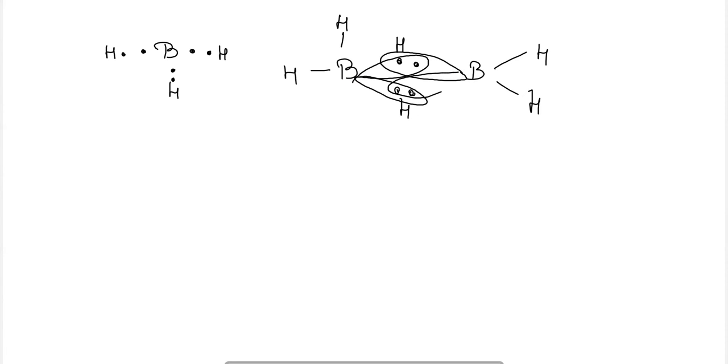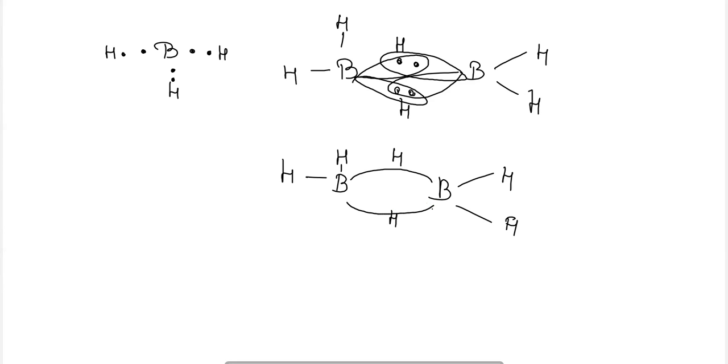By using this configuration, we can see that now it is having 8 electrons. This structure is generally shown by a curve like this. The curve shows that two electrons are shared between these two molecules of boron hydride. This bond is known as a banana bond.